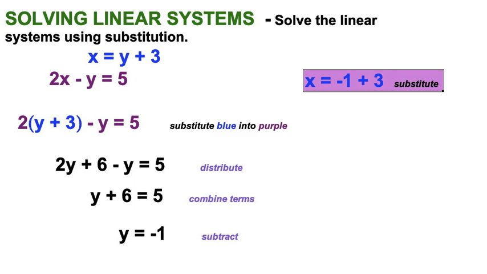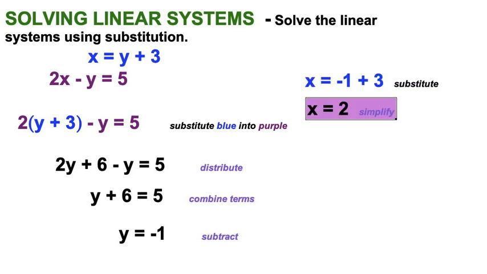Now let me take that negative 1 for y and substitute back into the blue equation, the top one, my very first equation. If y is negative 1, negative 1 plus 3, x must be 2. So I've got 2 for x, negative 1 for y.